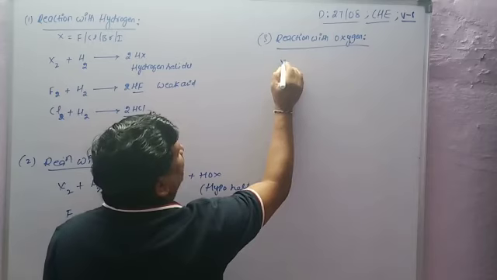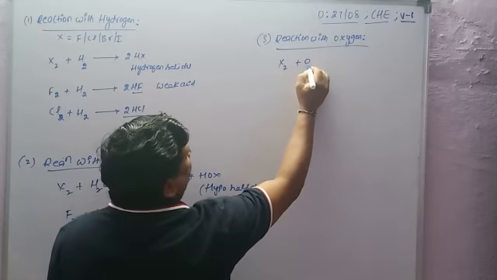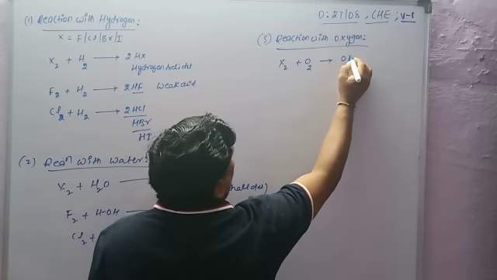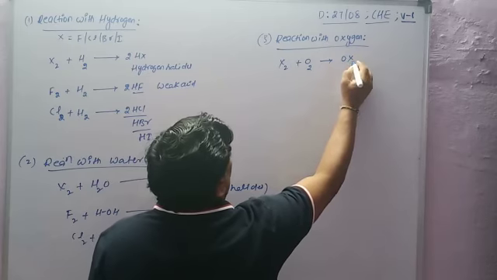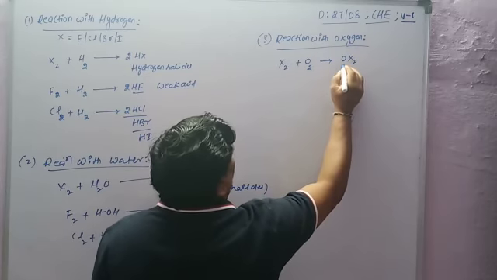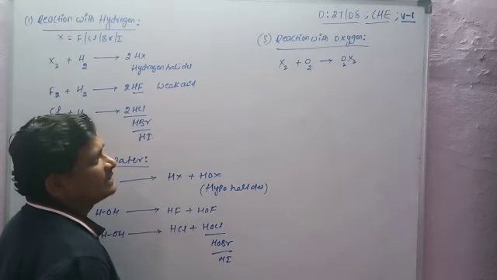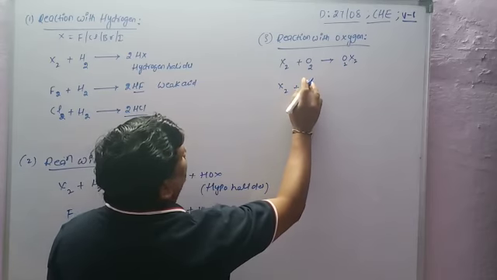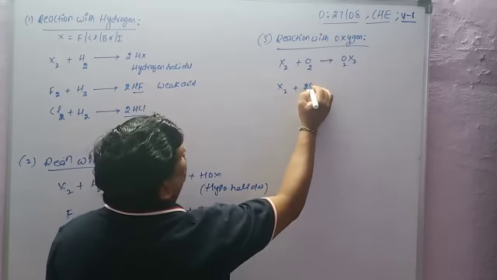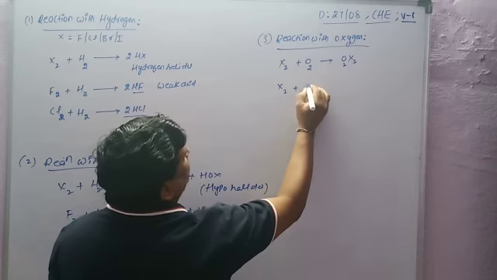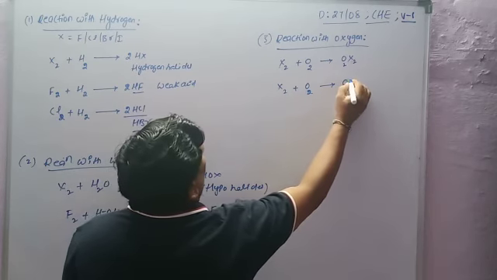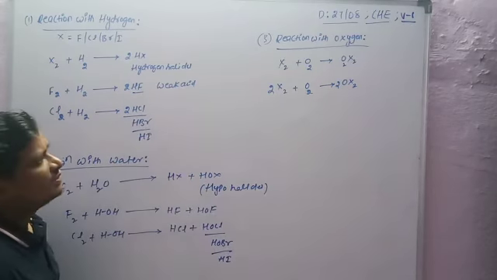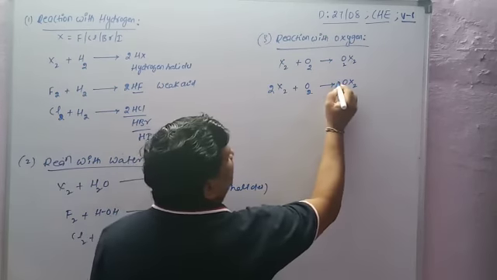For example, 2X2 plus O2 gives 2OX2, or O2X2 type halides.